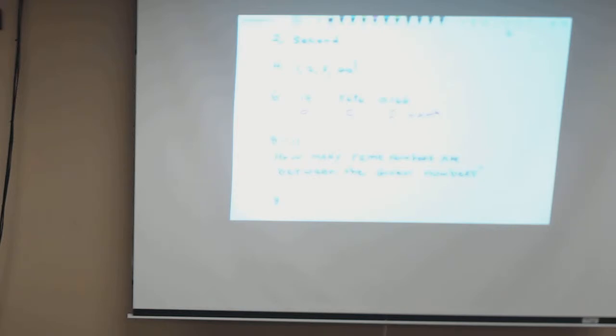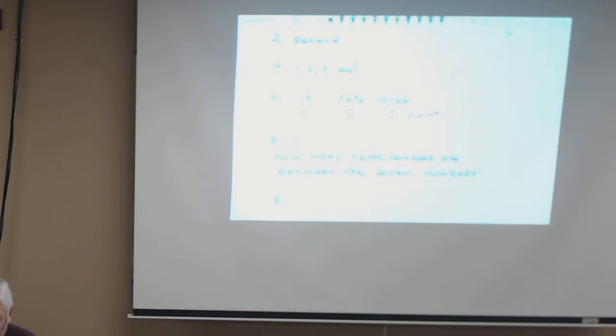Refer to the chart and find the smallest prime number. What's the smallest prime number on this chart? 2. An even number. 2.